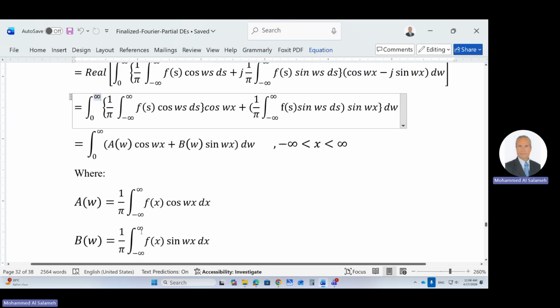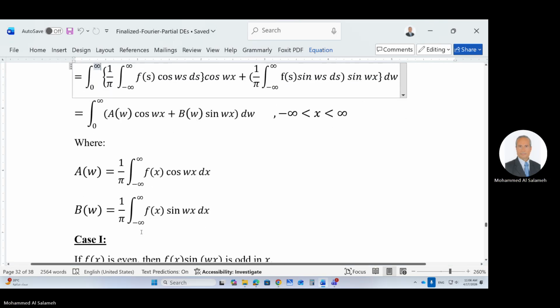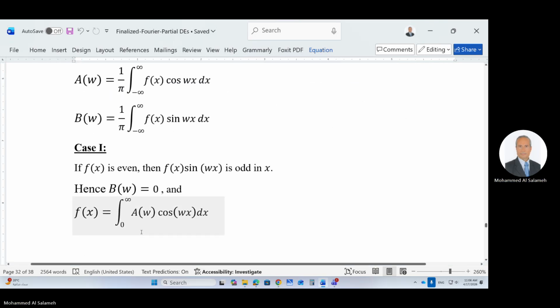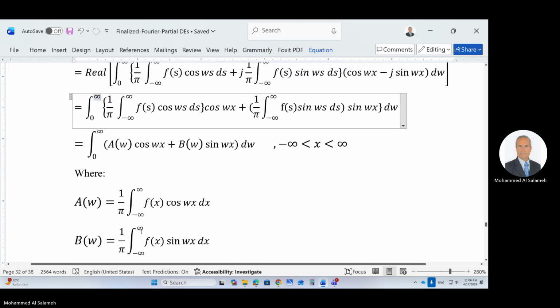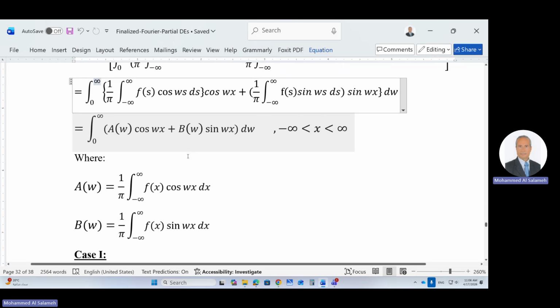If it is even, then the b of omega will be 0. And if it is odd, then a of omega is equal to 0, as we can see here.